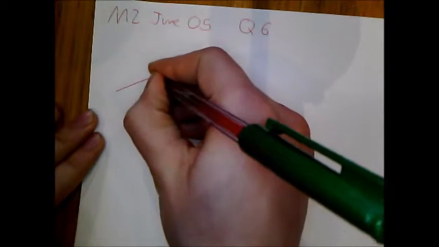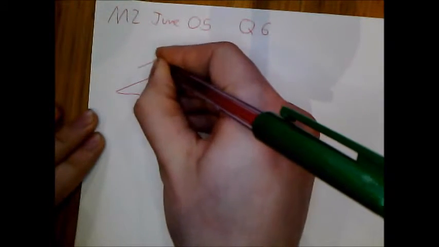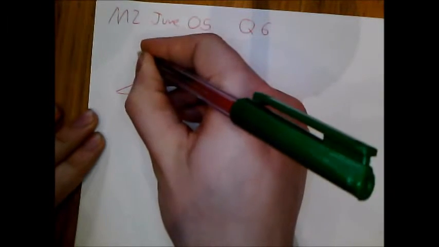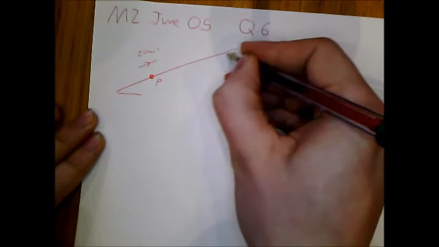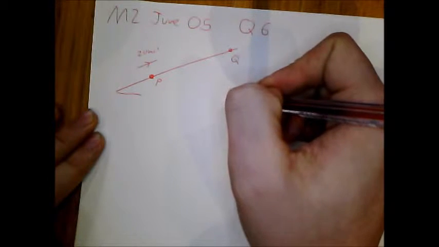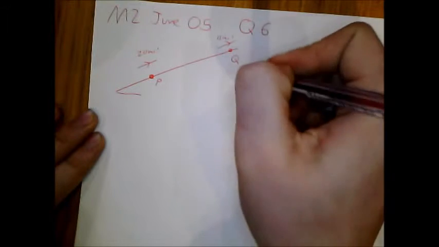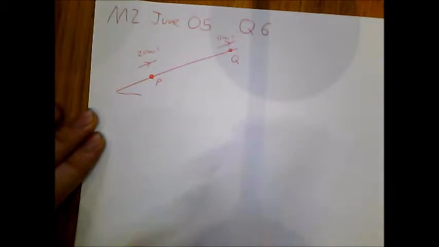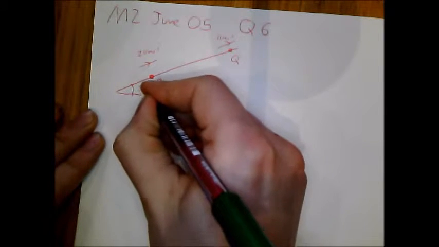Here at the point P, I know my car is travelling at 20 meters per second, and then at point Q, my car travels at 15 meters per second. And I know that this angle here is 5 degrees.